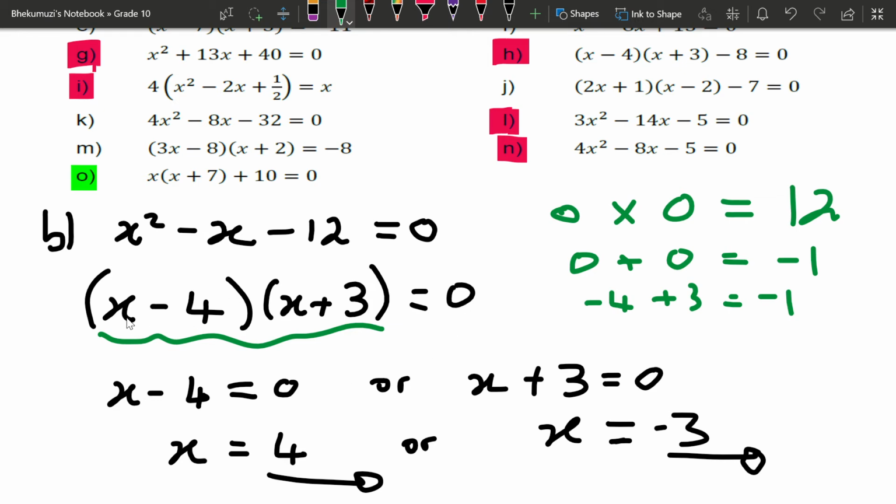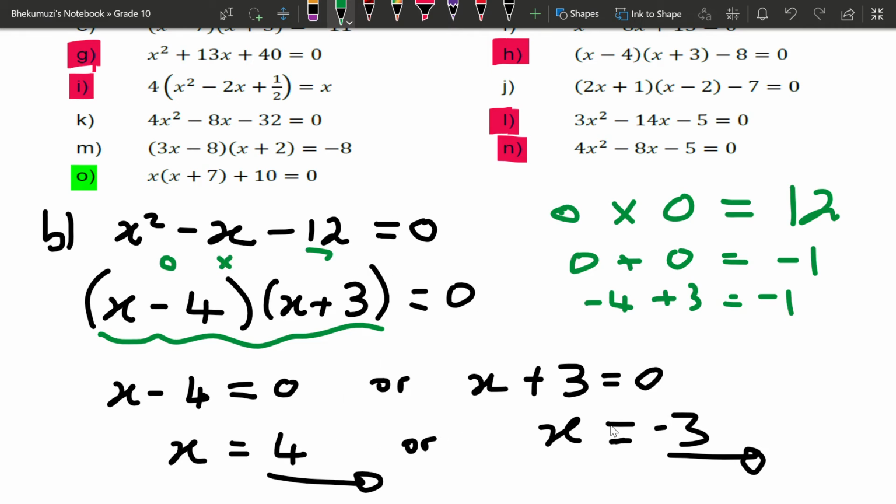If x minus 4 gives you 0, if x here was 4, then it's 0. And this would have been 4 plus 3, which is 7, right? So it would have been 0 times 7, which is 0, right?